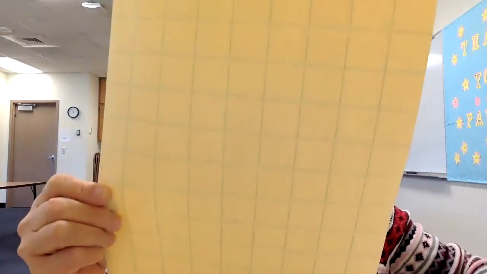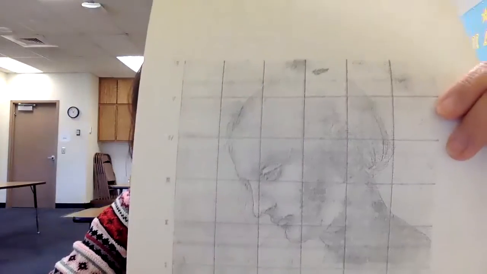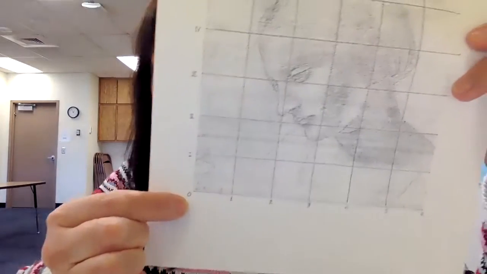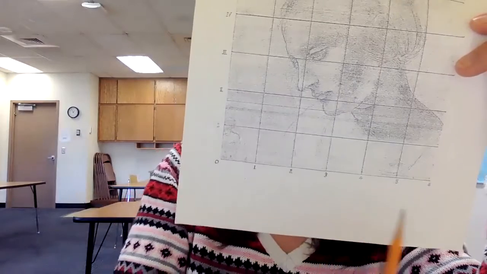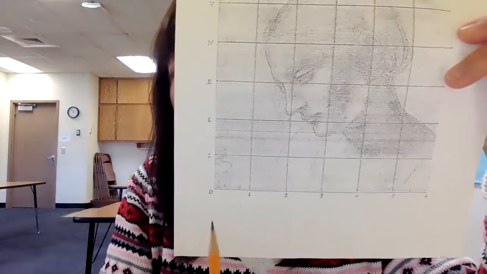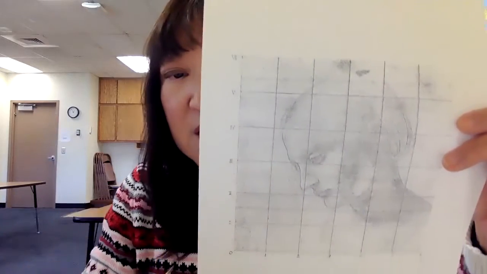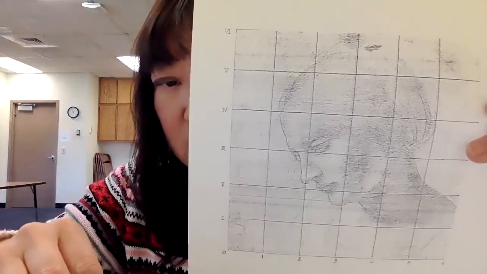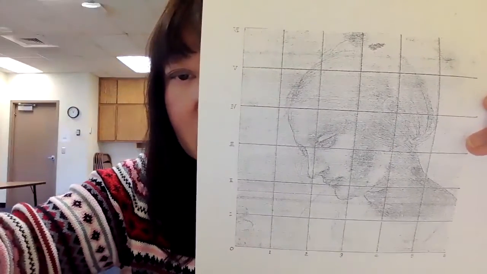And put the number 0 on the corner, right here. Then put numbers 1, 2, 3, 4, 5, 6 at the bottom. And then you do the same thing going up, 1 to 6. Now I changed the writing system so that I will not get confused, but if you want to, you can just put the regular numbers there.